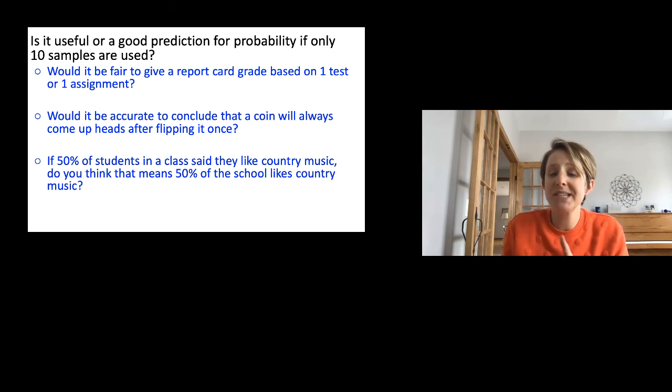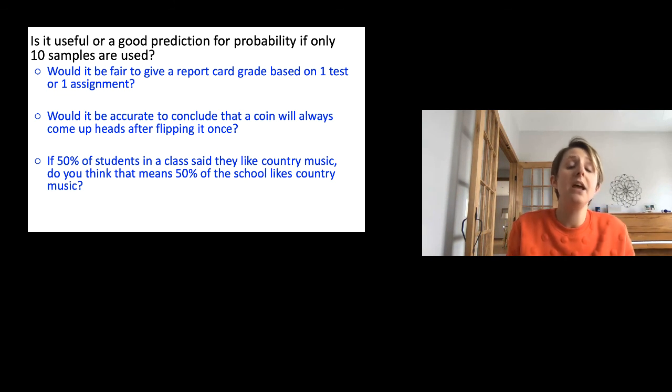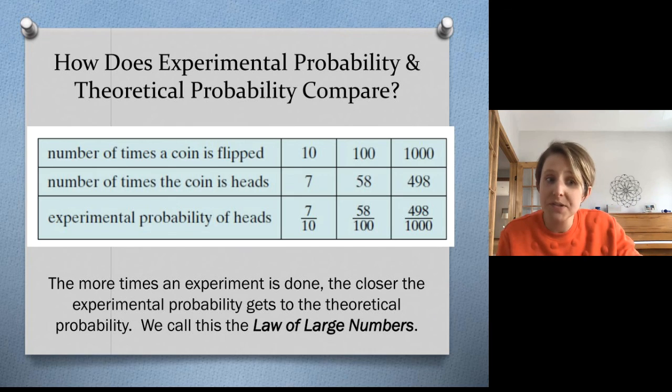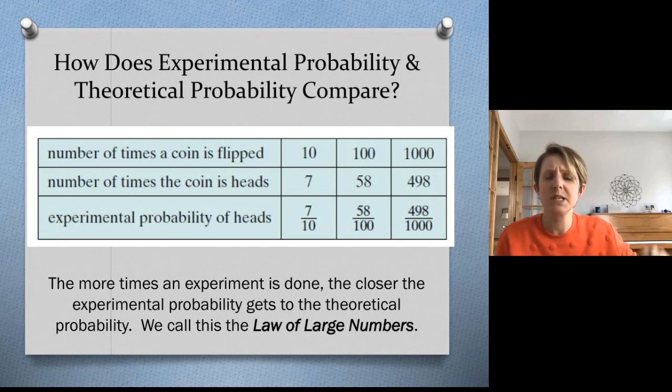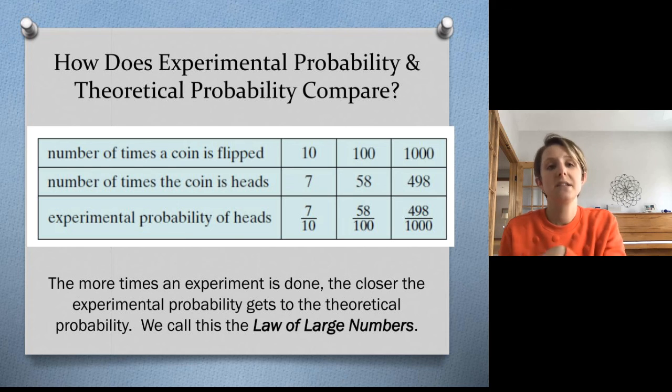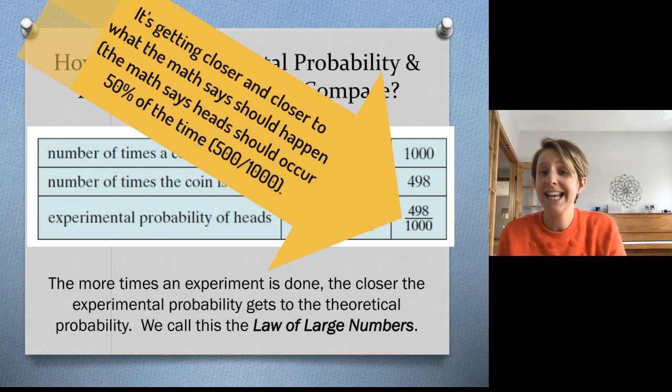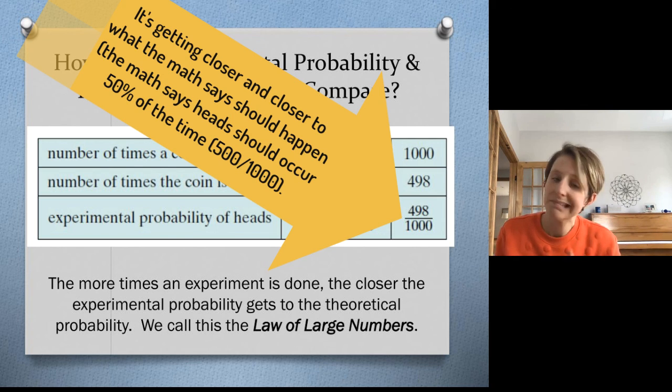Because numbers can't lie. People can manipulate numbers, but numbers can't lie. So what the math says should happen is what will actually happen the more trials you run. So what I'm trying to say is, the more experiments you do with experimental probability, the closer and closer you're going to get to the theoretical probability. Because again, numbers are not going to lie.